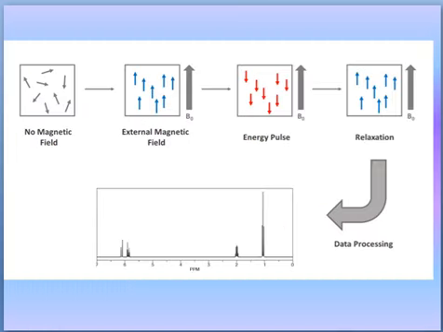Now see this diagram. No magnetic field: all will rotate haphazardly. When you put some external magnetic field, they will align. When you put some pulse, meaning energy from outside, it will jump from the lower state to the upper state. When that energy is released, it goes from the opposite state back to the alpha state.